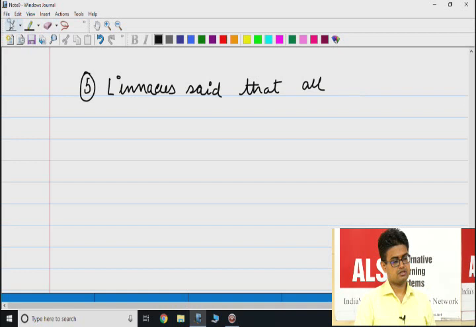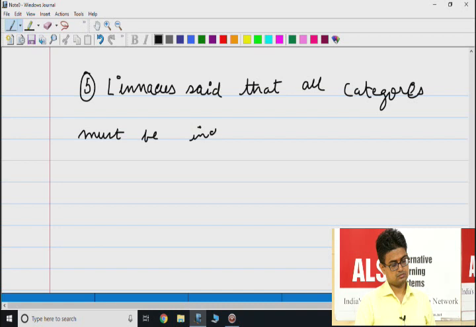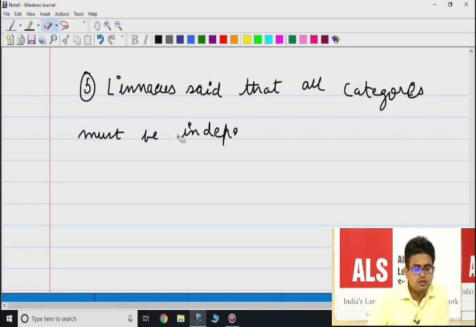All categories must be independent of each other. Must be independent. Okay, wait a second.